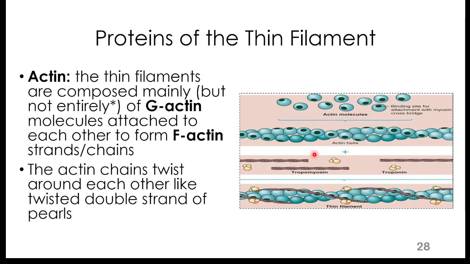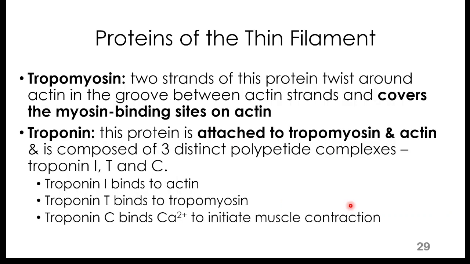So okay, let's look at the example of the troponin. Looking at this troponin molecule, we can see how it is attached. Right, it's attached to both actin and tropomyosin, and the troponin is composed of three distinct polypeptide complexes: troponin I, troponin T, and troponin C. All right. So troponin I binds to actin, troponin T binds to tropomyosin, and troponin C binds calcium to initiate muscle contraction.